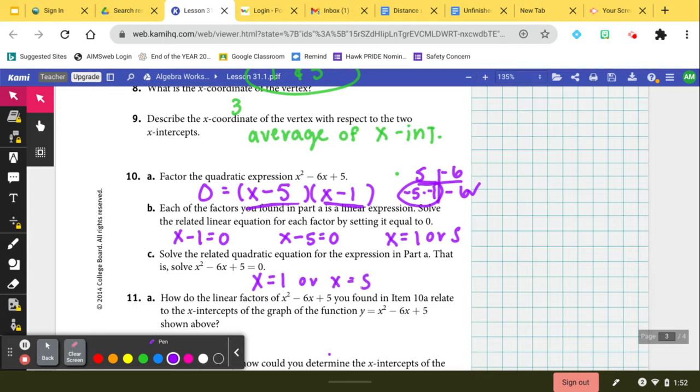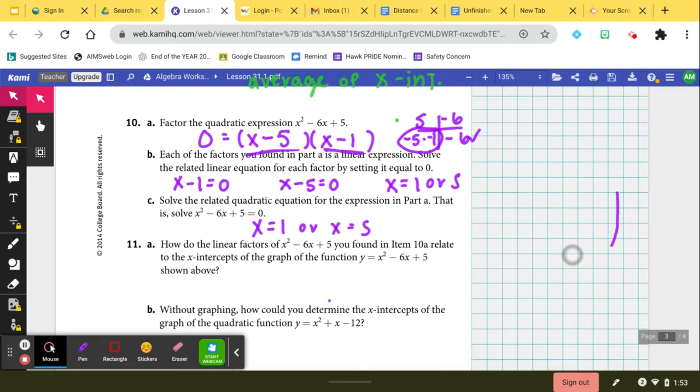And then it says, how do the linear factors in item 10A relate to the x-intercepts of the graph as shown below?